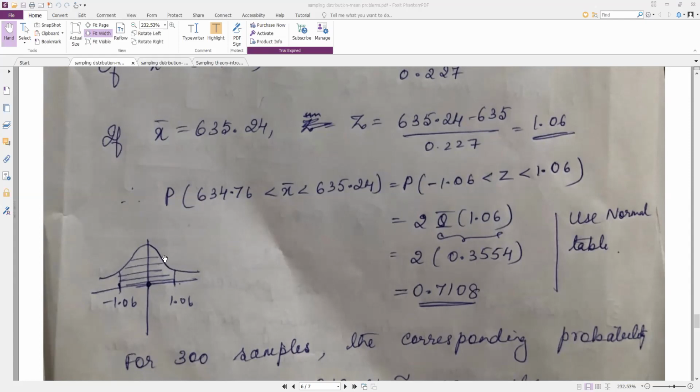Do you agree? So we can write 2 times phi of 1.06. Now how to get phi of 1.06? Go to the normal table I have already given you. Go column wise 1, then row wise 0.6. You will get the value 0.3554. Then multiply by 2, you will get 0.7108.